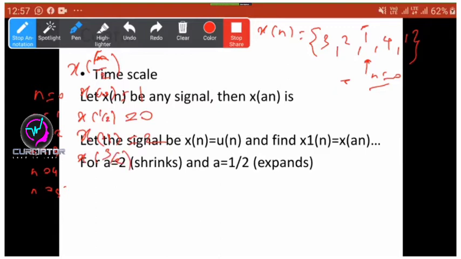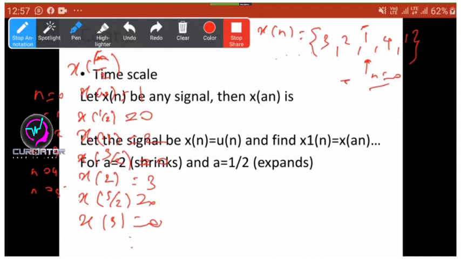Again x of 3 by 2 is equal to 0. Next x of 4 by 2, that is x of 2, is equal to 3. Then x of 5 by 2 is equal to 0. x of 6 by 2, that is x of 3, is also 0. There is no value after this, so it is always 0 here.